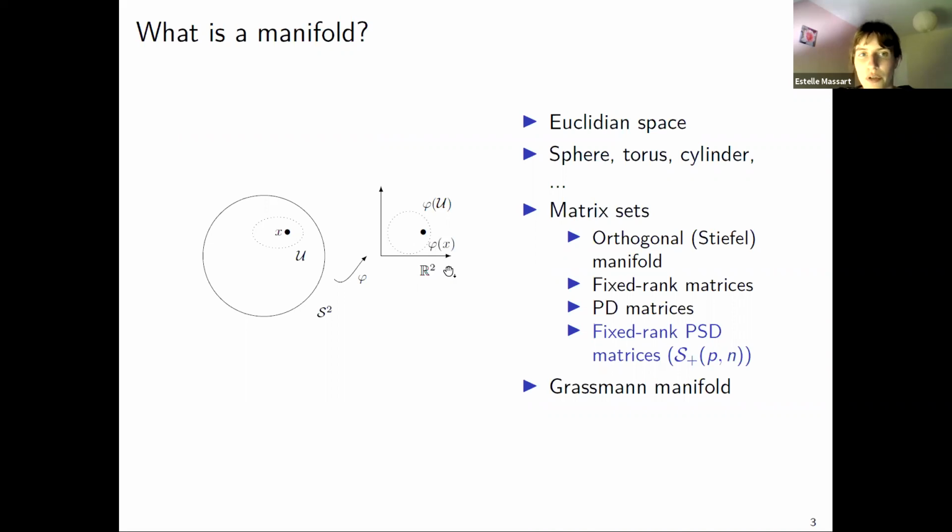So just think about a manifold as a set that locally looks flat. For this talk, at least it's enough. And so classical examples are the Euclidean space, the sphere, and also several matrix sets, such as the manifold of fixed rank positive semi-definite matrices that we will use here in this talk.